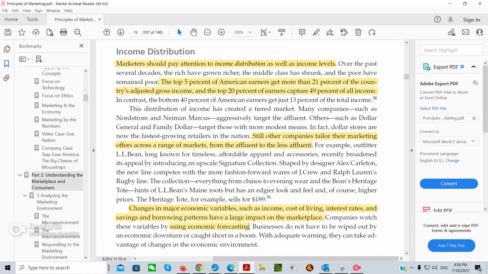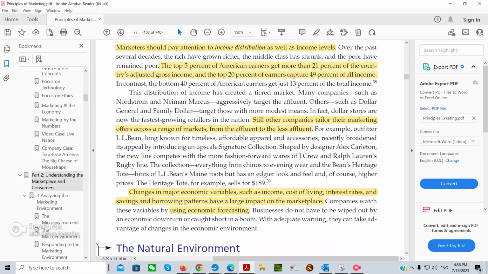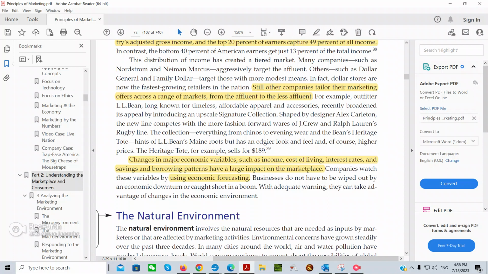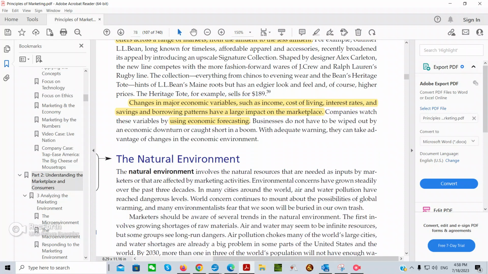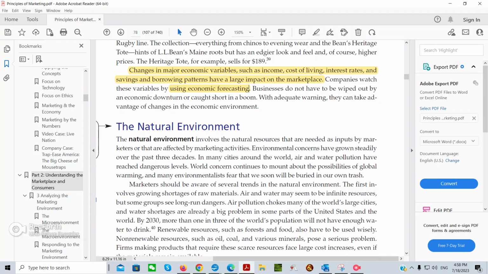Businesses do not have to be wiped out by an economic downturn or caught short in a boom. With adequate warning, they can take advantage of changes in the economic environment.